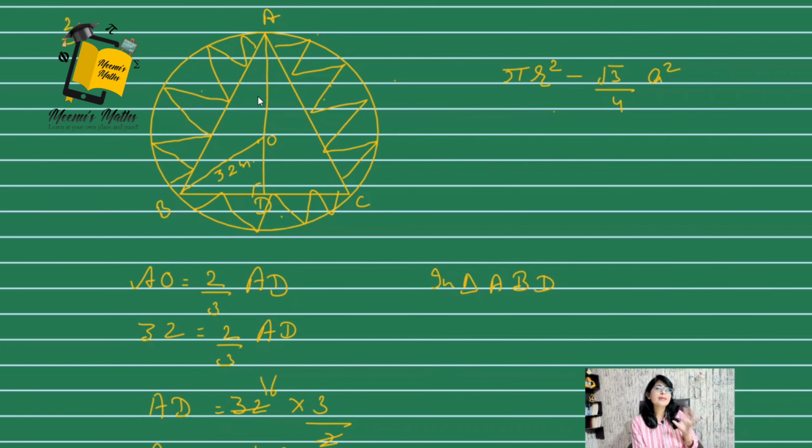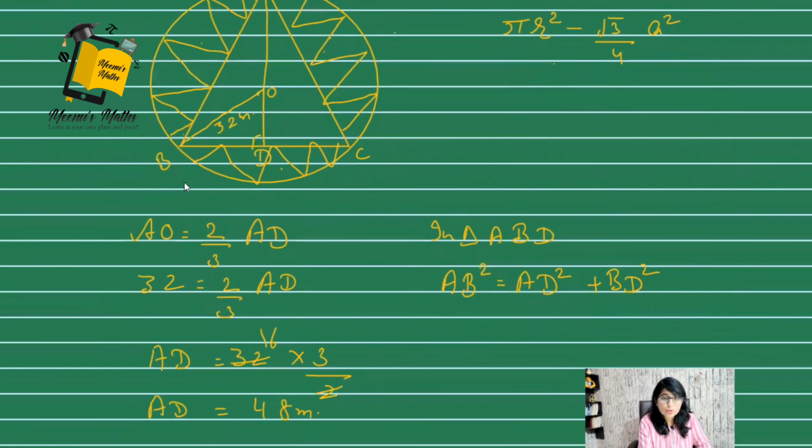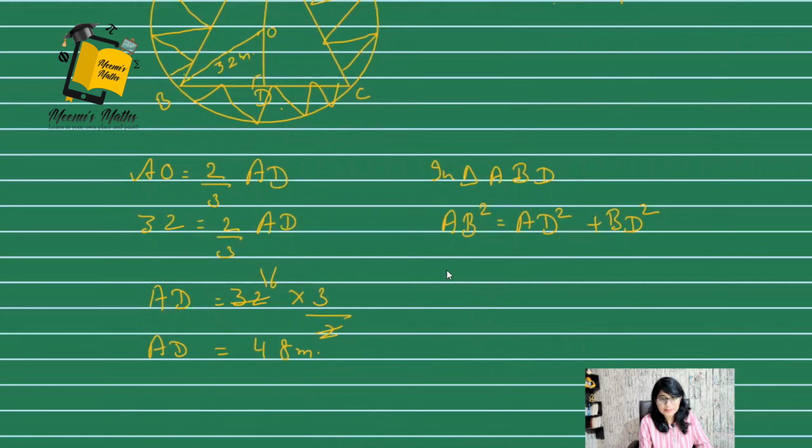Fine. We can apply Pythagoras. According to Pythagoras, AB square is equal to AD square plus BD square. Look at this. BD is base, AD is perpendicular, and this AB is our hypotenuse. Fine. So, this is AB square.